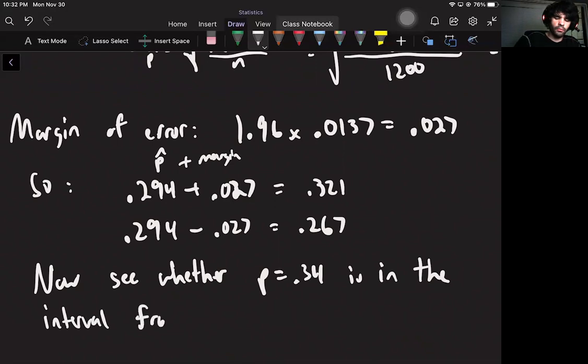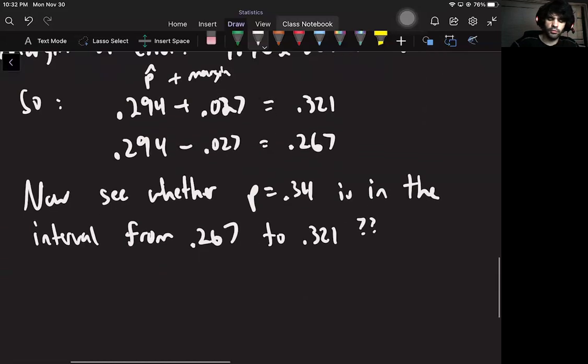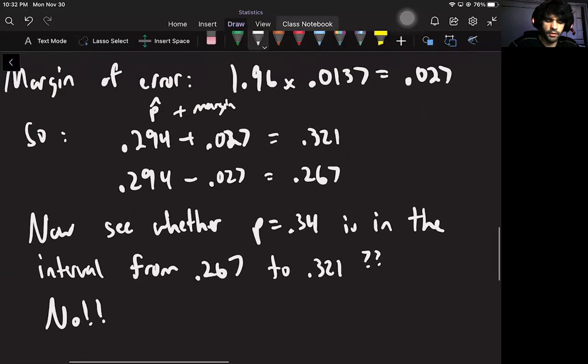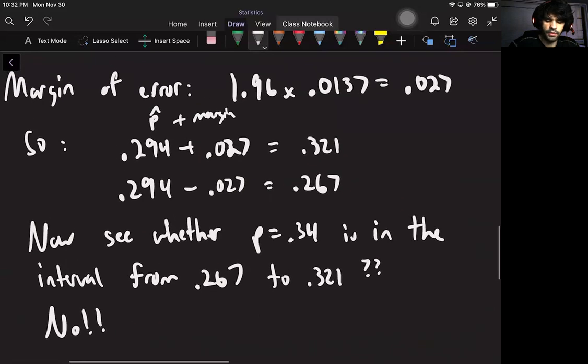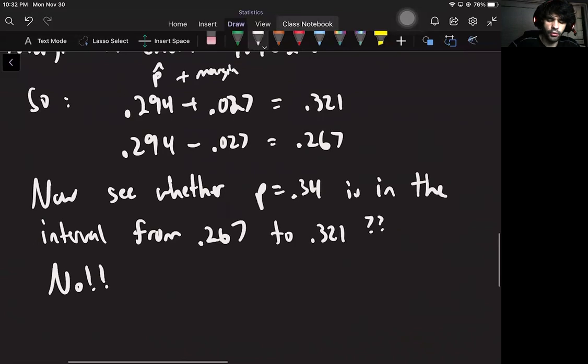So is it from 0.267 to 0.321? No, it's bigger. It's 0.34. And what this means, the way we're thinking about this, is that our sample proportion is too far away from the assumed true proportion.